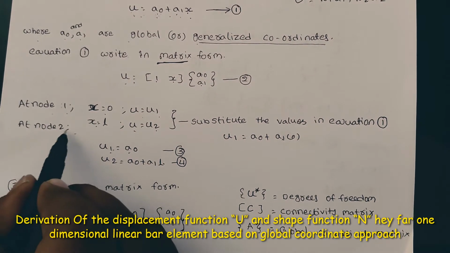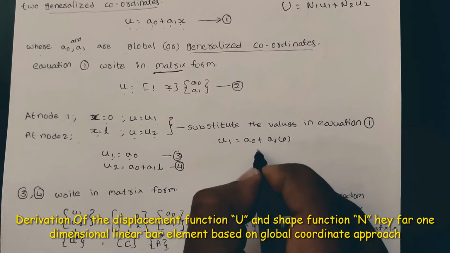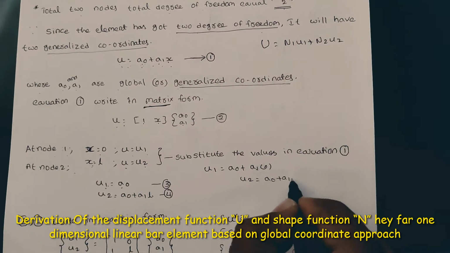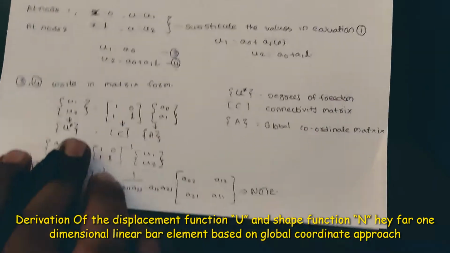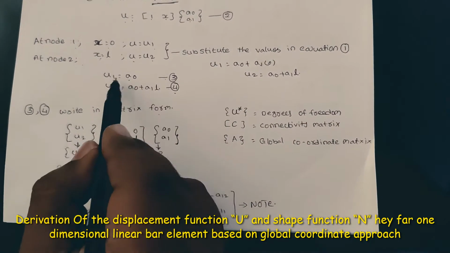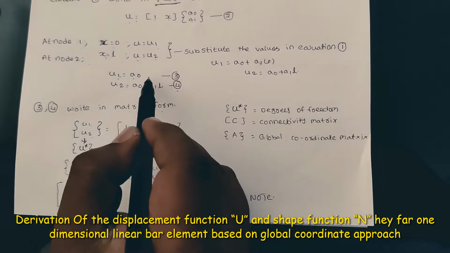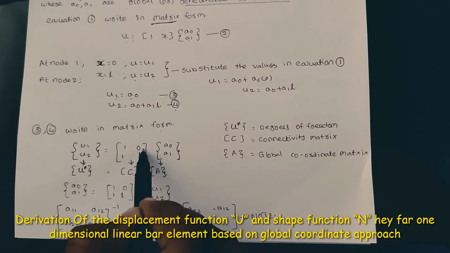Similarly, I substitute node 2 values in equation 1. So u2 is equal to a0 plus a1 L. That is our fourth equation. I write equations 3 and 4 in the form of a matrix: u1, u2, where in the third equation the a0 coefficient is 1 and the a1 coefficient is not there, that's why I kept 0.